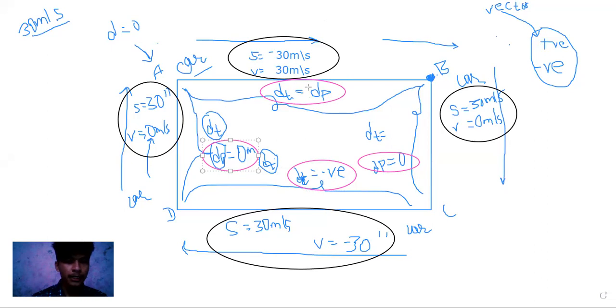In the first condition, the dp will be equal to distance. And in the third condition, the dp will be negative. Why does that happen? You should know that. Here it will be dp. I have written dt here. There will be dp. Understood or not?